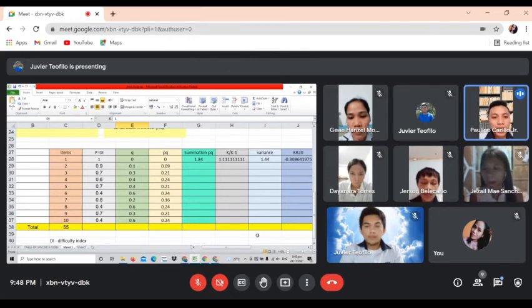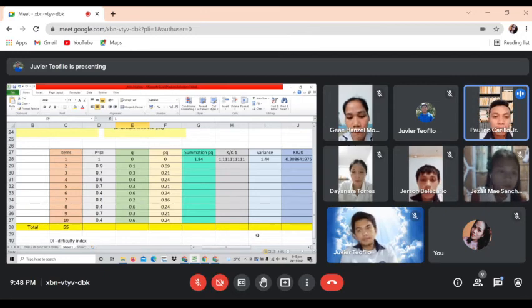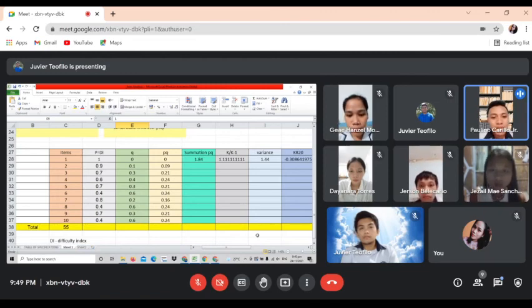The KR20 generally ranges between 0.0 and plus 1, but it can fall below 0.0. Why? Because we only have a smaller sample size, which is 10 questions. The closer the KR20 is to positive 1, the more reliable an exam is considered, because its questions do a good job consistently discriminating among higher and lower performing students.